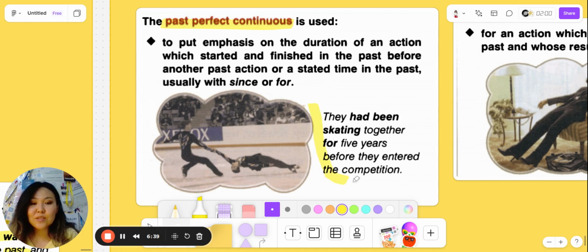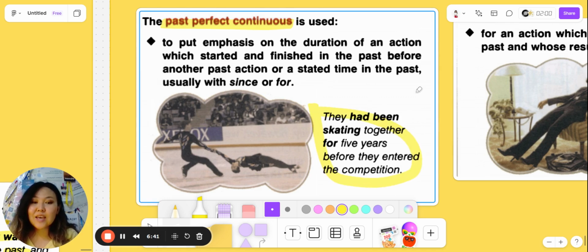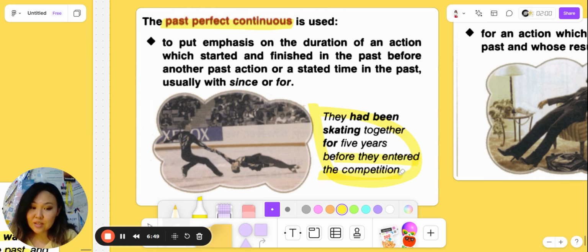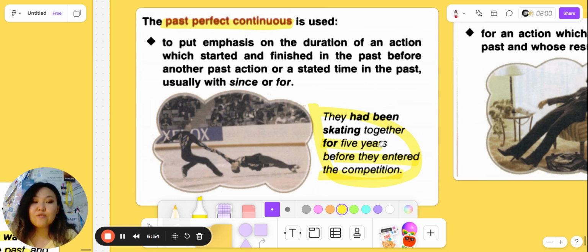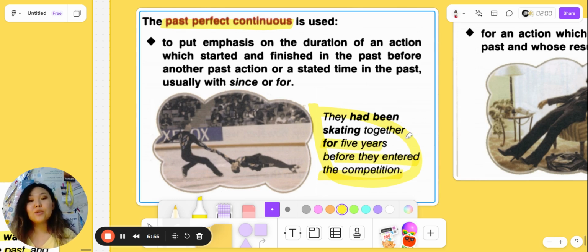So the example, they had been skating together for 5 years before they entered the competition. So before they entered the competition, they had been skating together for 5 years. So here we are paying attention that this was the long action.